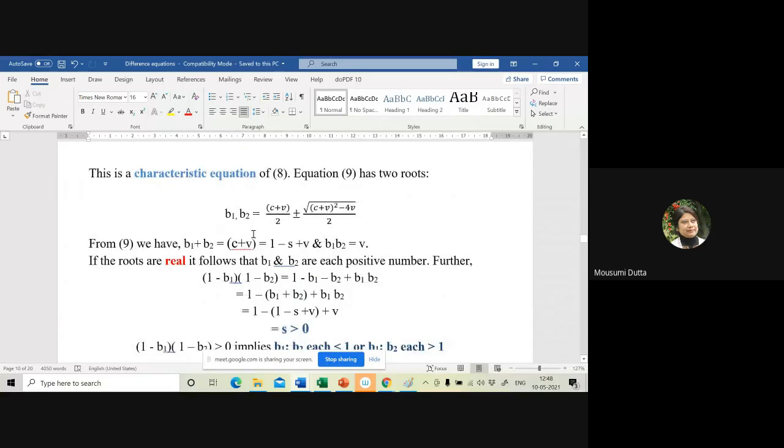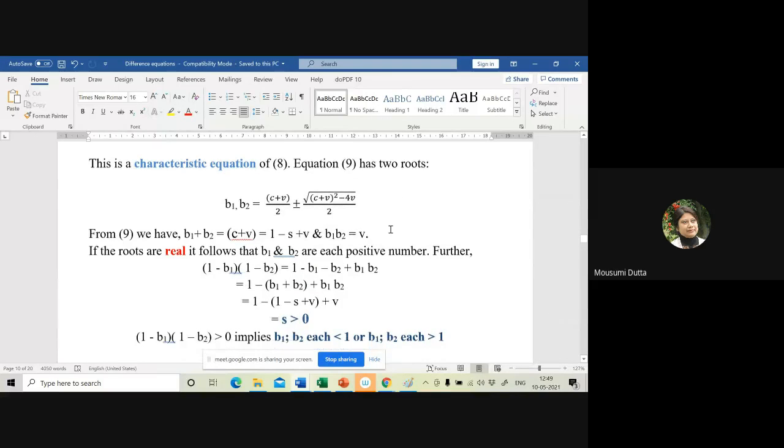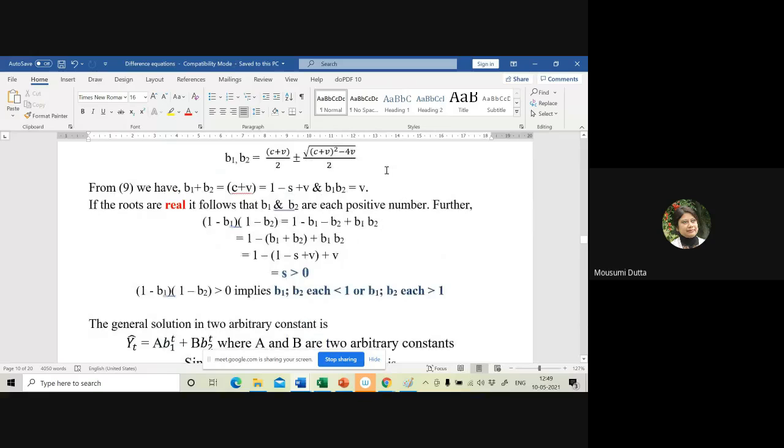I think there is no question up to this point. We are getting two root values, etc. And after that, we are deriving B1 plus B2, B1 into B2, etc. 1 minus B1 into 1 minus B2 is S. This is MPS, and conceptually it will always be positive. So from there, 1 minus B1 into 1 minus B2 is greater than 0.